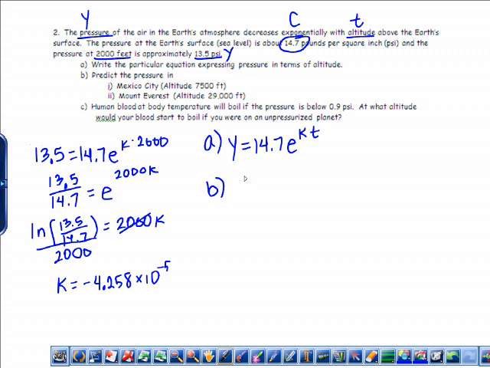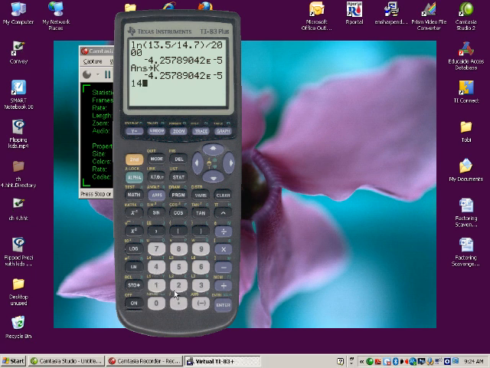Okay, in part B, it says predict the pressure in, and they give you two different places, and they're giving you altitude. They're basically giving you the t value. So this is going to be 7,500. Well, what's the y value? This is the easier case where you're just plugging in 7,500 in for t. All right, so this is going to be 14.7 and then e to the power of k times 7,500.